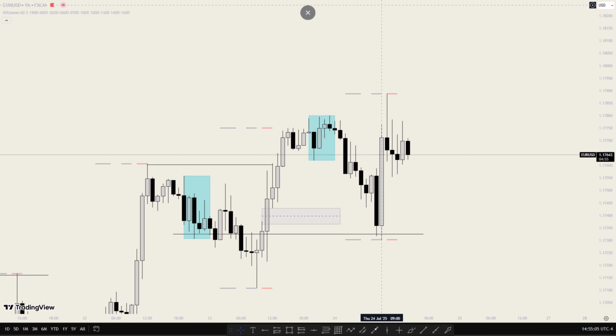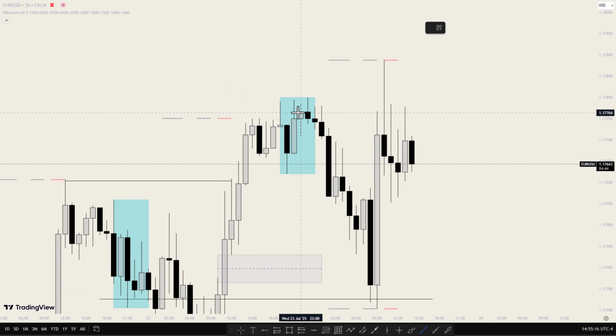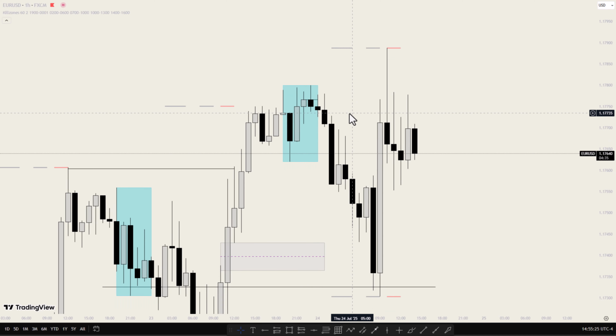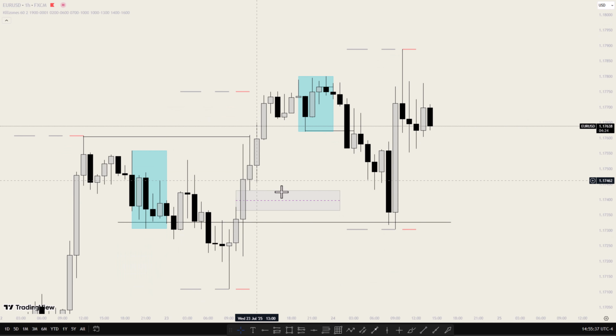I am expecting price to come into this level because in the Asian session price was respecting this previous candle, which is candle one of the swing high. Then we see price displacing bearish, creating this closure below this low. As soon as I saw this, I knew that the draw on liquidity would be this fair value gap. And this was my retracement trade.